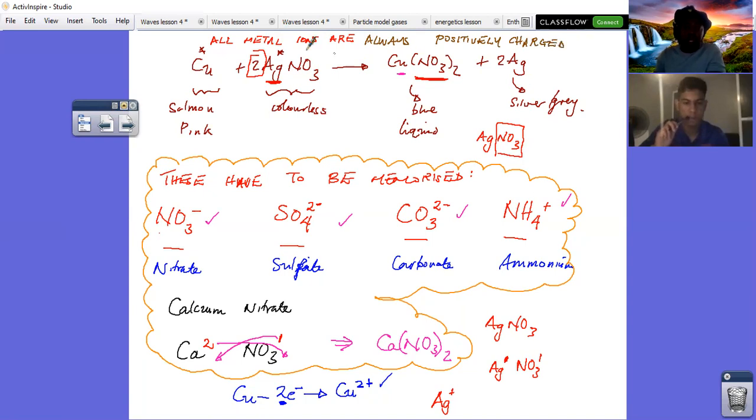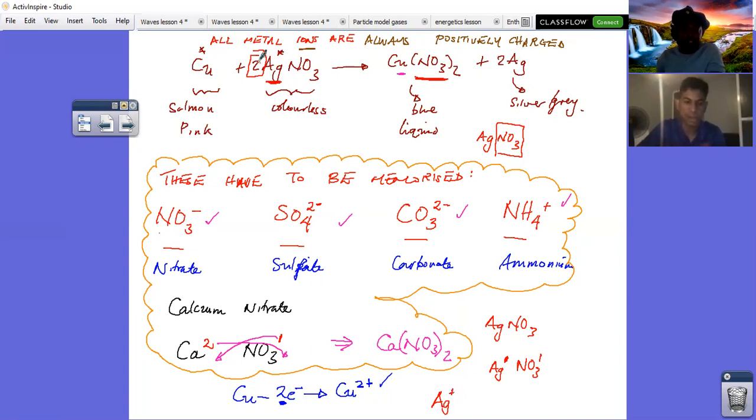The key word here is ions. It has to be an ion. This is not all metal atoms. This is all metal ions, meaning because they have lost electrons, they will always be positively charged. They'll always have more protons than there are electrons. Very good. So Ag plus, well done.